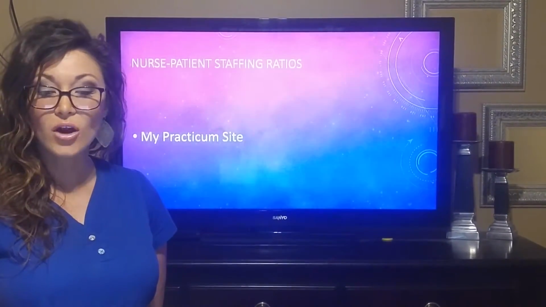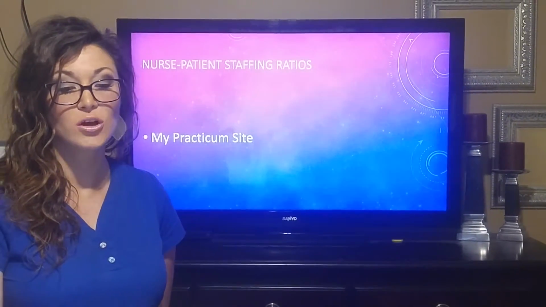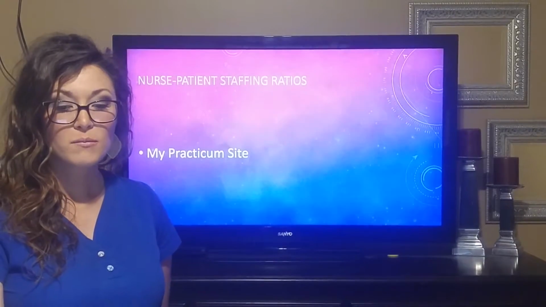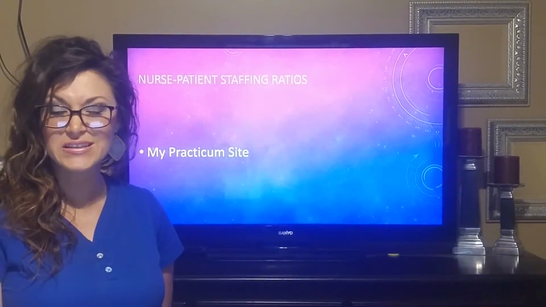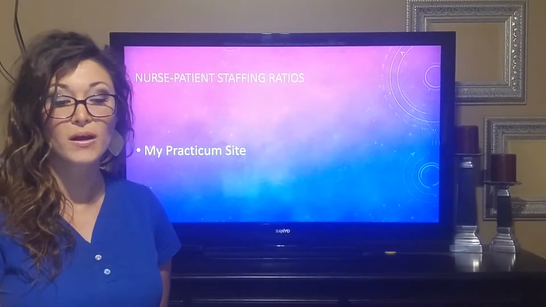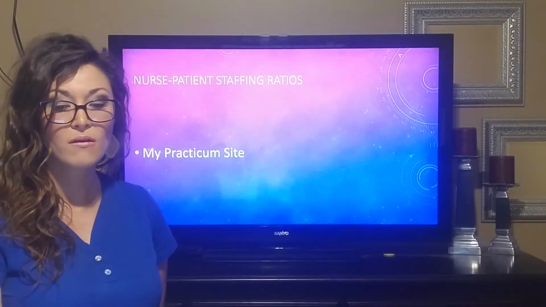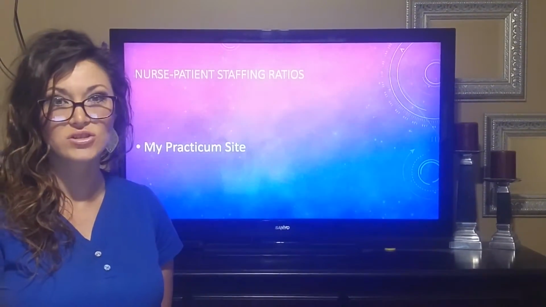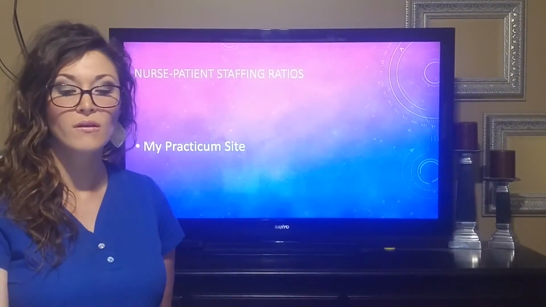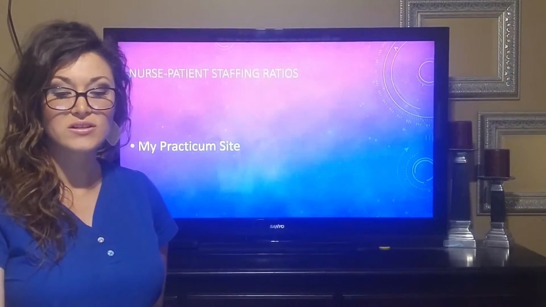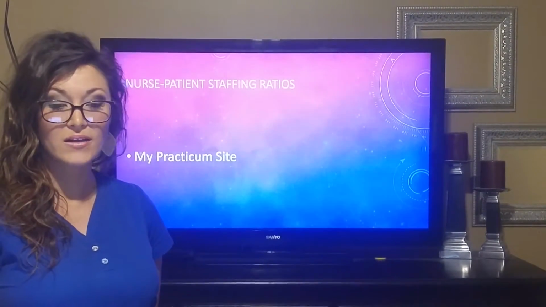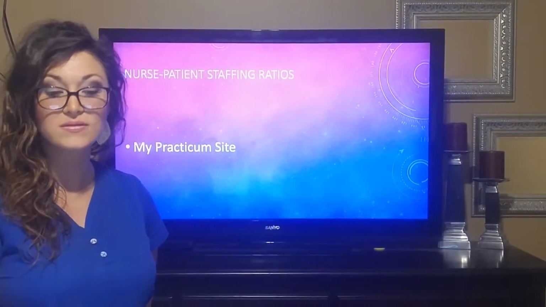Now, the intensive care unit consisted of a ratio of 2 patients per 1 registered nurse, because the level of care was more intensive as opposed to a medical surgical floor. The progressive level of care patients consisted of 3 patients to 1 nurse. The evidence-based research that I found was consistent with what I observed at my practicum site concerning staff ratios.